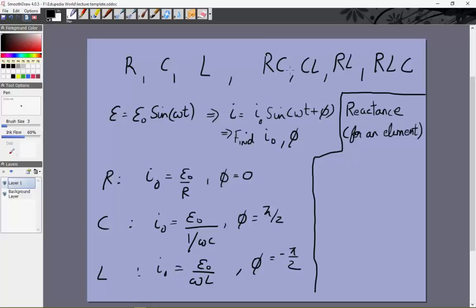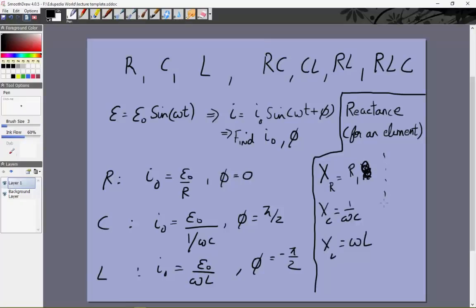You'll have C and an L. Each element will have its own reactance. Right. The reactance is written by X, and the subscript denotes which element it is. So X for R is R. X for C is 1 by omega C, and X for L is omega L.